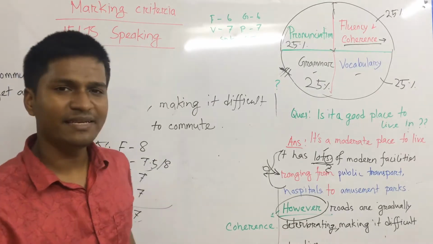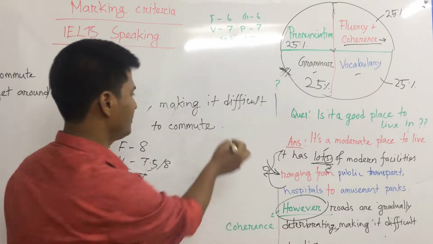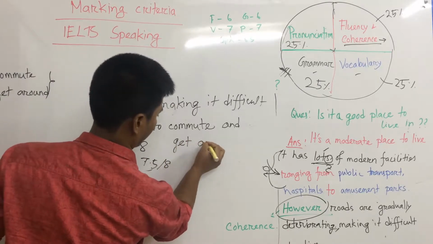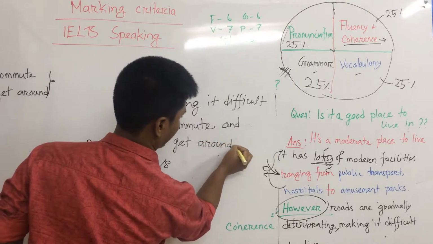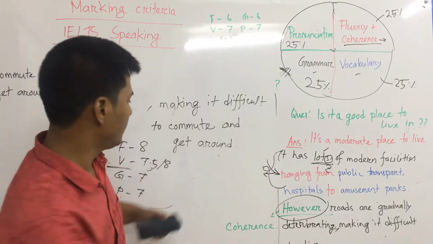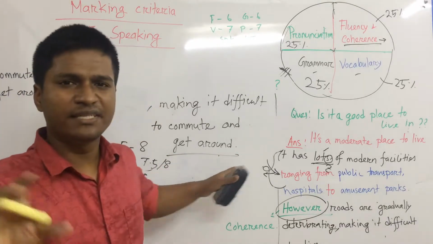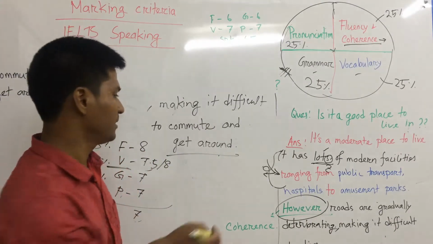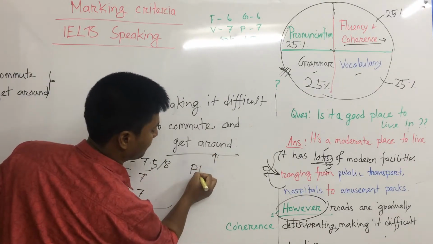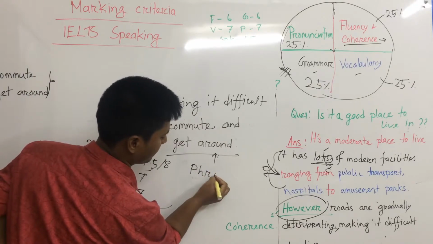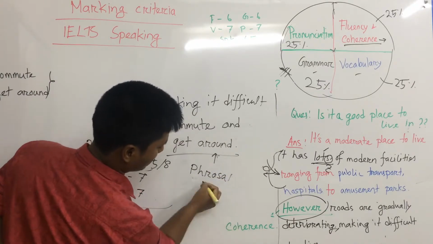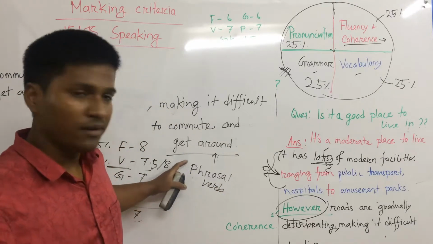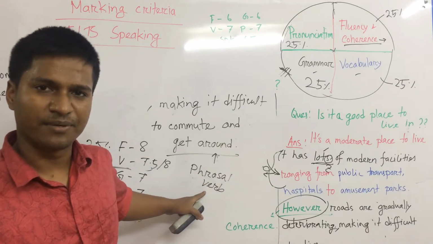Now, making it difficult to commute and get around. To get around. Get around means visiting the nearby places. Now here, if you are using get around, this means you are using a phrasal verb. So we are using a phrasal verb.